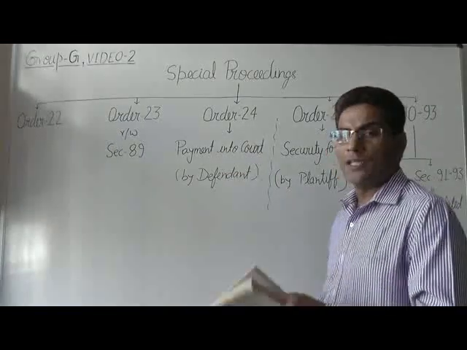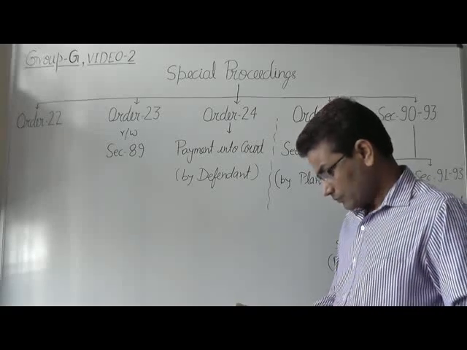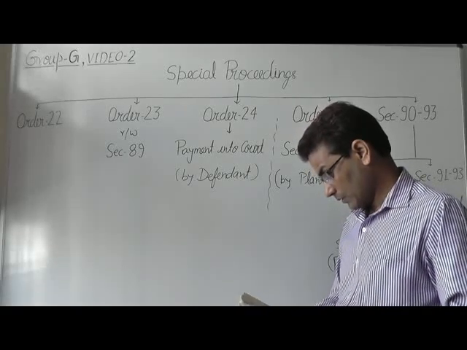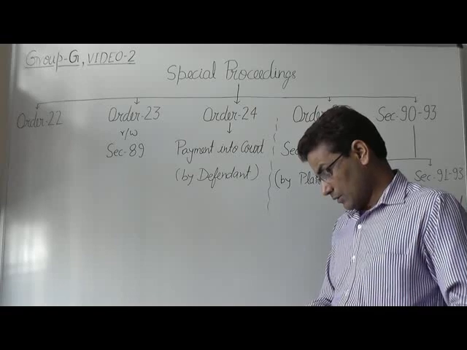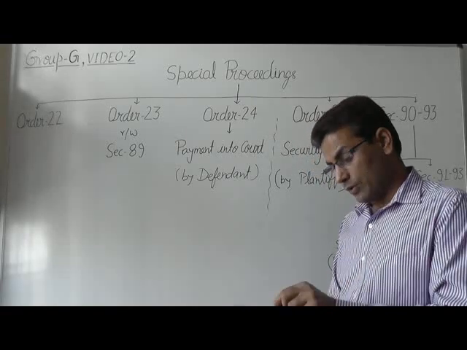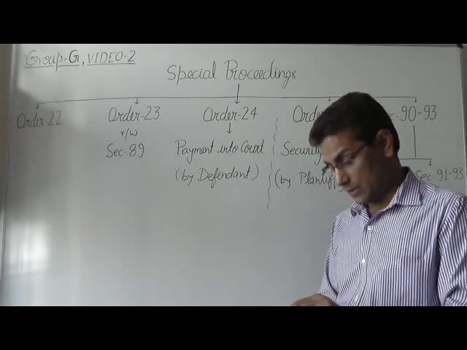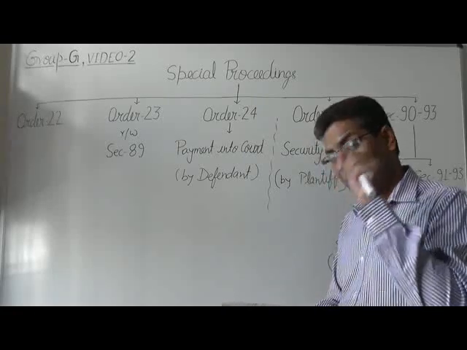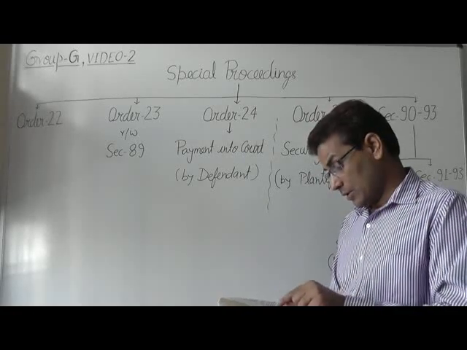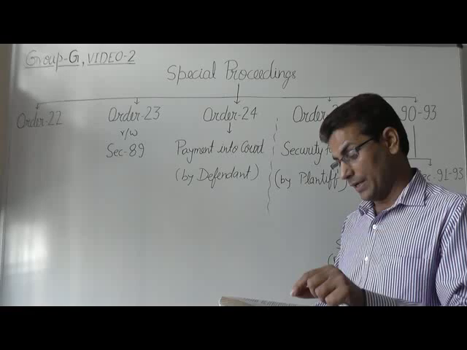If such payment is made, first of all I have to write rule 2, notice of deposit. Notice of the deposit shall be given through the court by the defendant to the plaintiff.